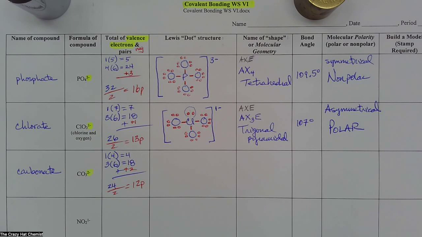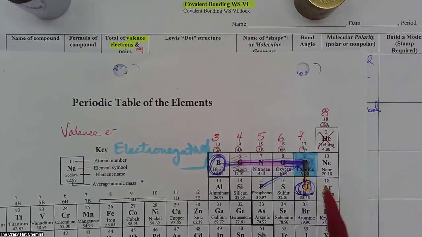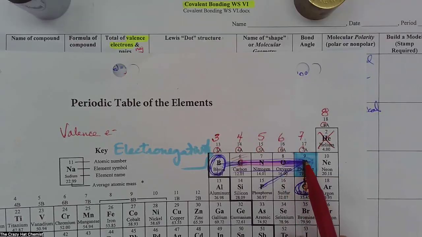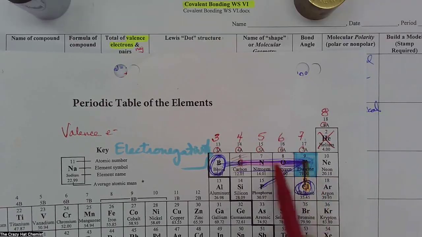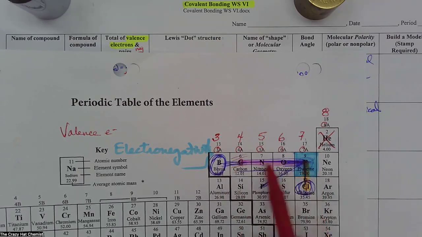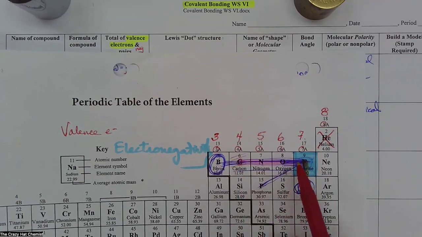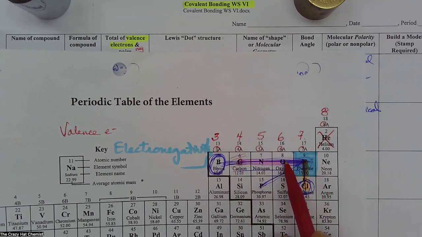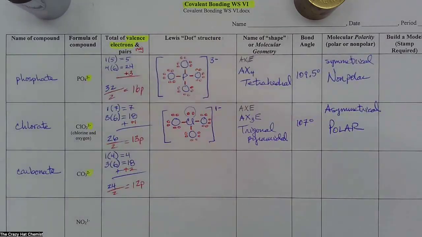The least electronegative element goes in the middle. That's a choice between either the carbon or the oxygen. So what's further from the fluorine? Here's the fluorine. Is it oxygen or is it carbon? Well, the carbon is obviously farther away than the oxygen is from the fluorine. So carbon is king. Carbon goes in the middle.